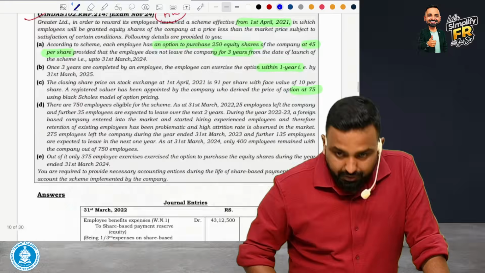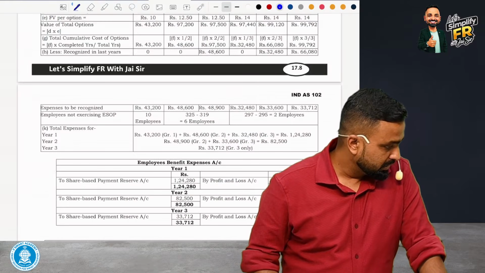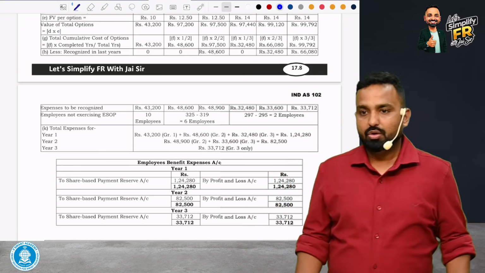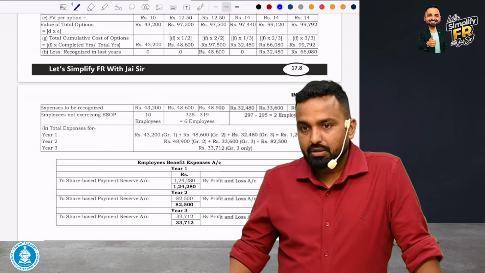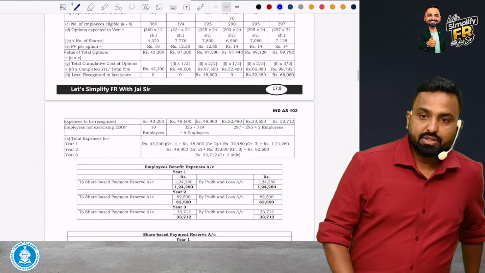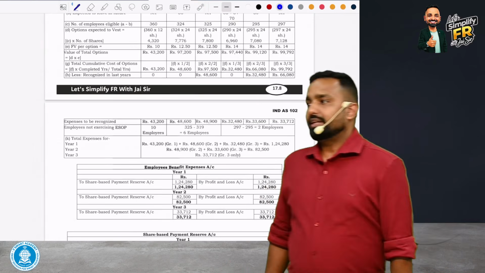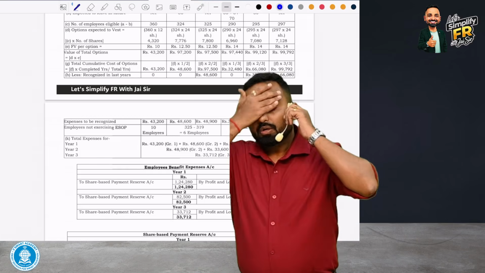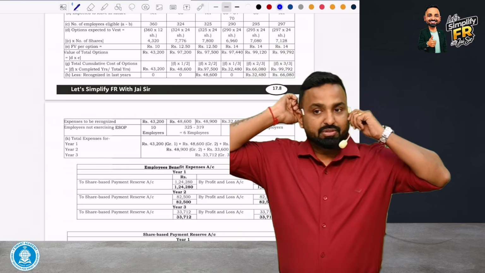All right. So guys, let's conclude the session today. Before concluding the session, let's have a quick recap. In Ind AS 102, what is the name of the Ind AS 102?